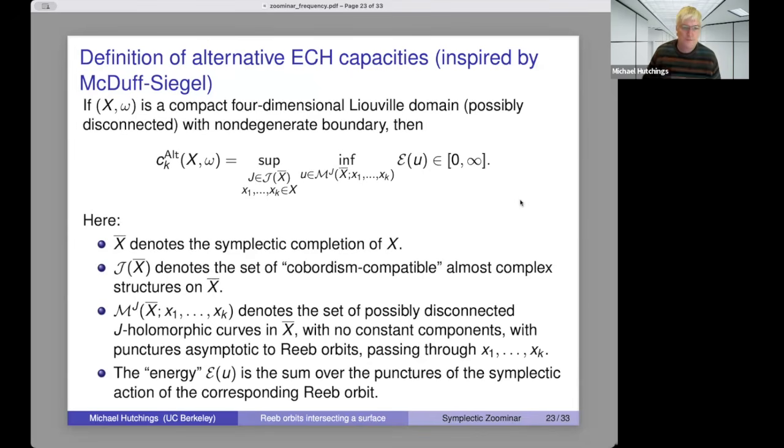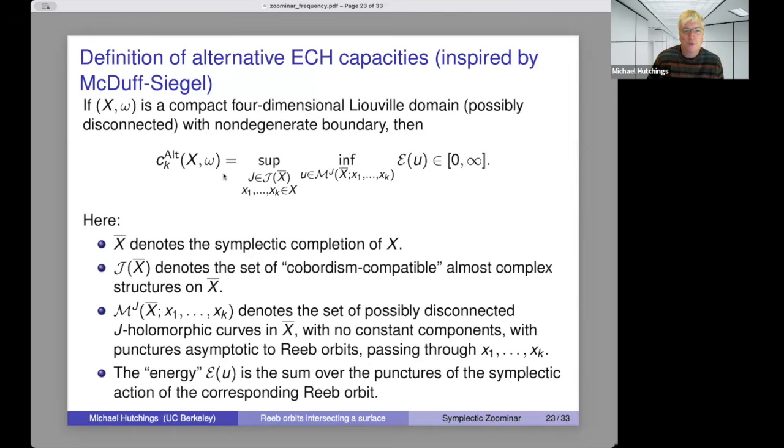So what is it? Let's suppose that X is a 4-dimensional compact Liouville domain. Then you take, it's sort of like a max min, although technically it's a supremum infimum.